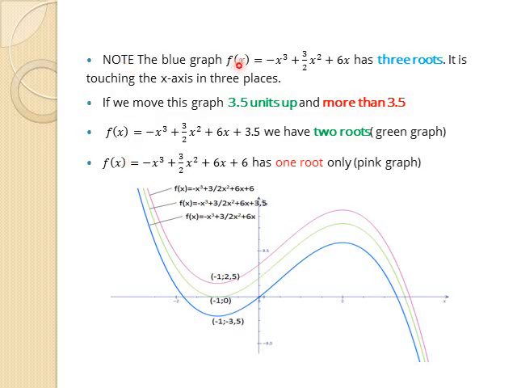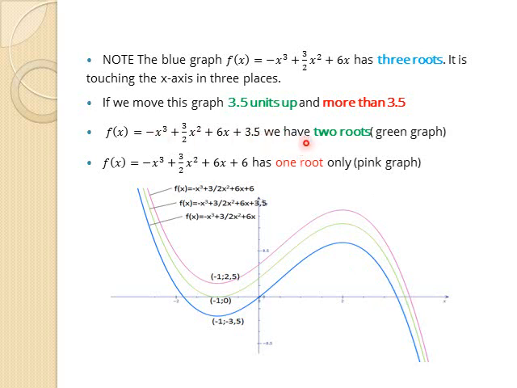The blue graph, as I said to you, has 3 real roots. If we move the graph 3,5 units up, you see the one in green, plus 3,5, so y becomes 0. And when y becomes 0, the green graph makes contact only twice.